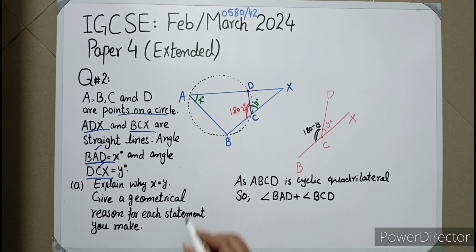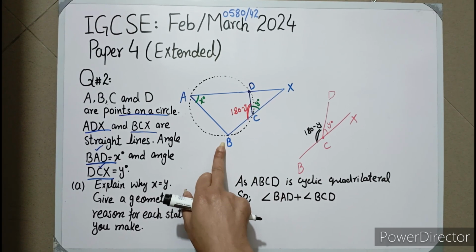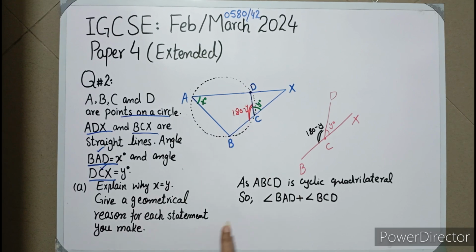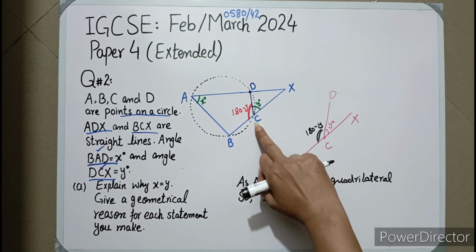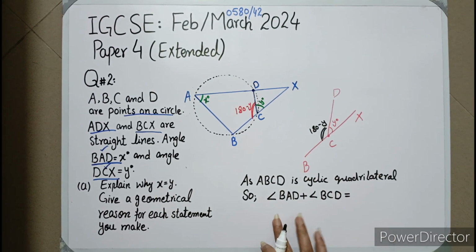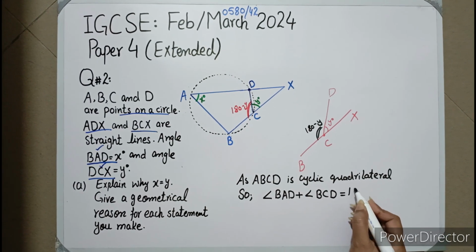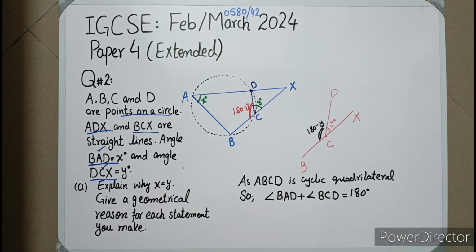If you verify from the figure, angle BAD will be BAD, whereas angle BCD will be BCD. So the result tells us the sum of these two angles will be equal to 180. So here you have to substitute the values.